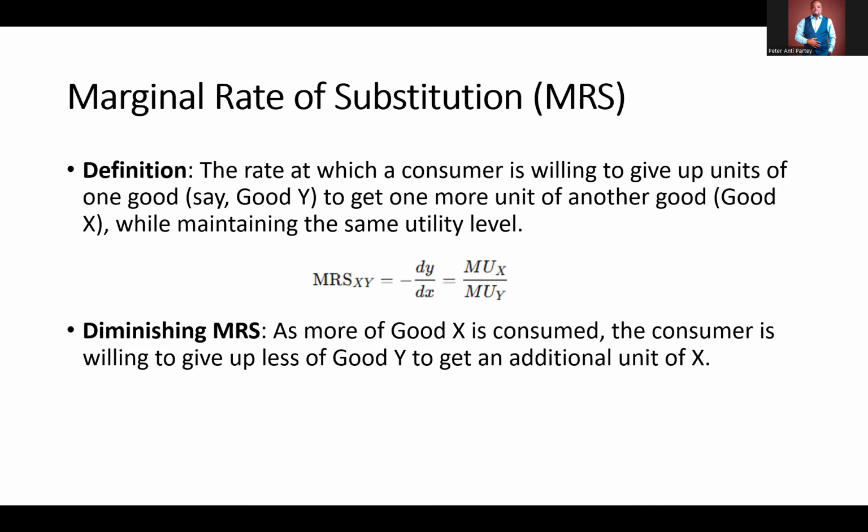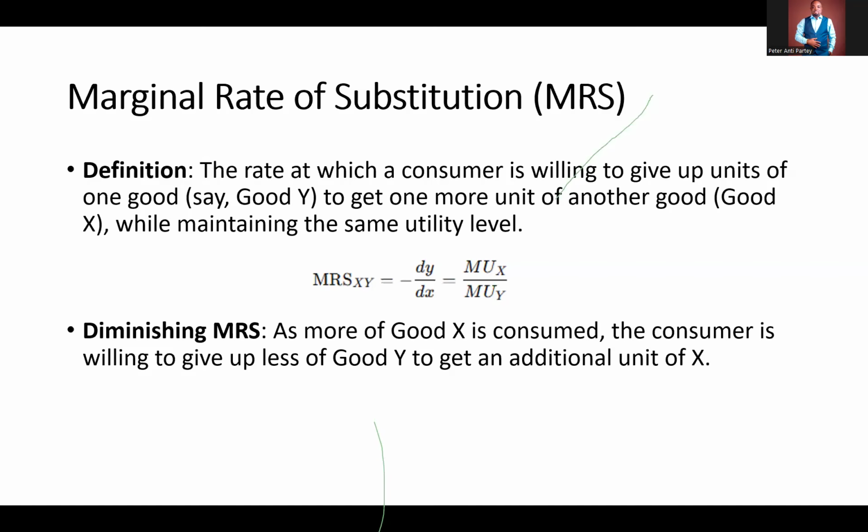When you see MRS XY, it means that the person is substituting X for Y. MRS XY means marginal rate of substitution of X for Y. In other books, you will see marginal rate of commodity substitution. It is the same thing.